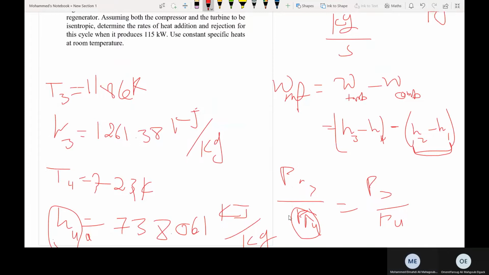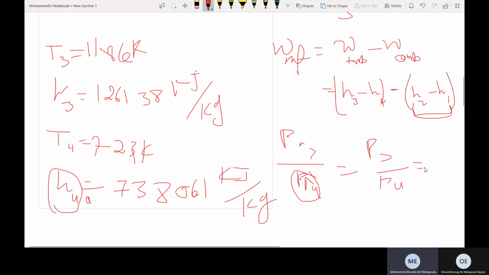If you want to check it, let's check it for now. We use this ratio, which is 10, and let's see what the relative pressure of point 3 is. The relative pressure of point 3 is going to be 226.94.